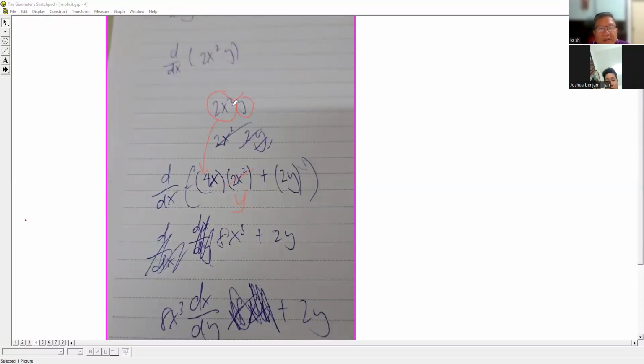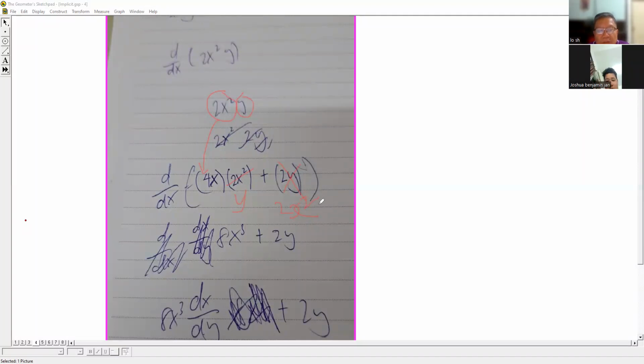Then the second part, your x disappear. This is wrong. What you should have is you still have the 2x squared there, but you have to differentiate the y.